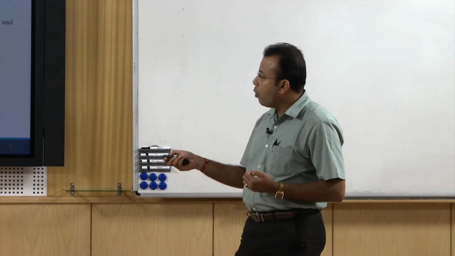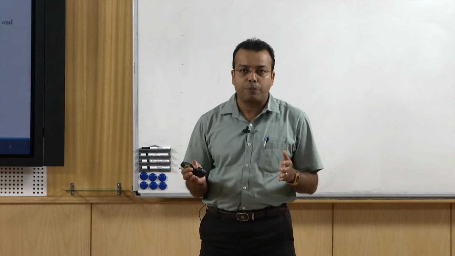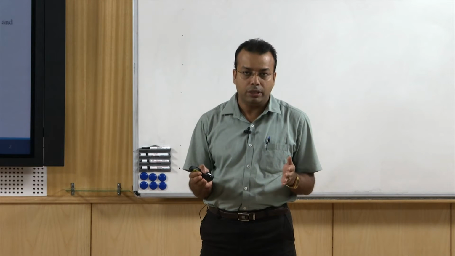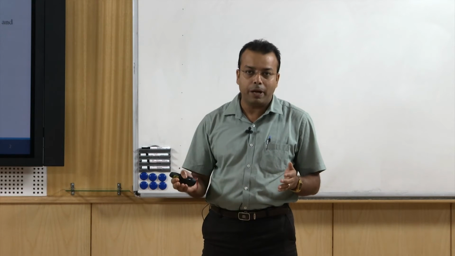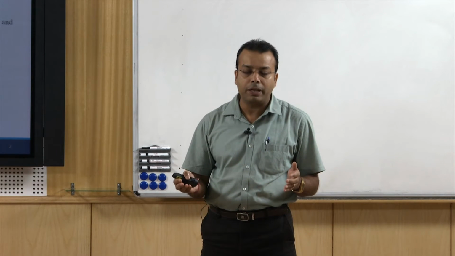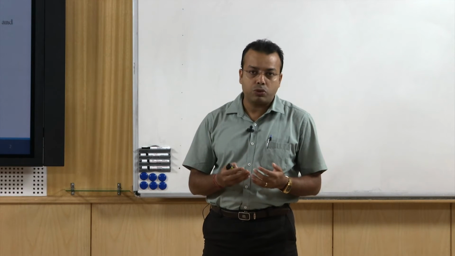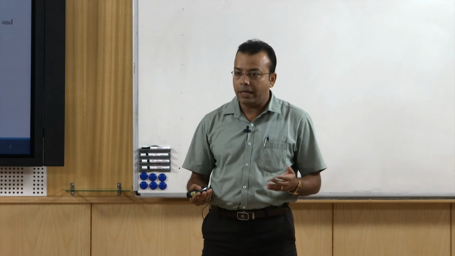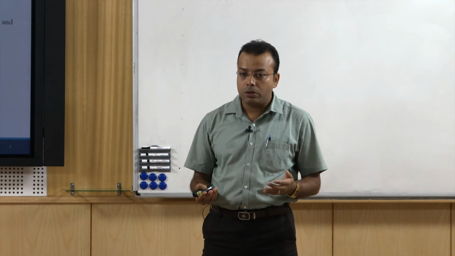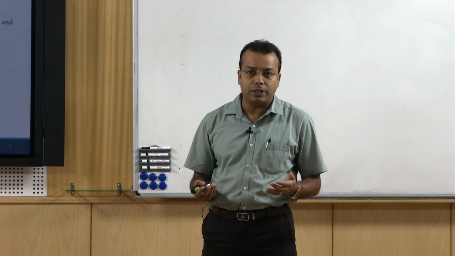Then we can do modifications of ferrous and non-ferrous components. As we know, rusting is the biggest problem for any iron material. If I keep that iron material for a longer time in the environment, it can react with the environmental oxygen and iron oxide can be formed, which is a totally different phase than iron, which we can't use for long, and that is a wastage of the material.